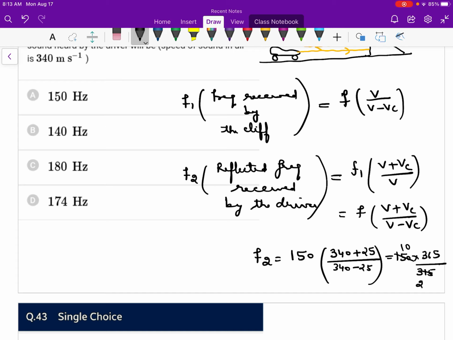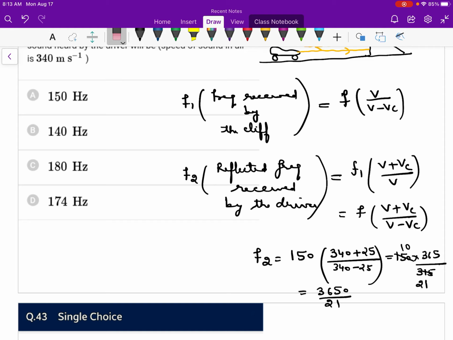So 15 tens are 150, 15 twos are 30, so 3650 upon 21. So this is roughly 180. So 180 hertz. Let's check first. So 3650 upon 21.